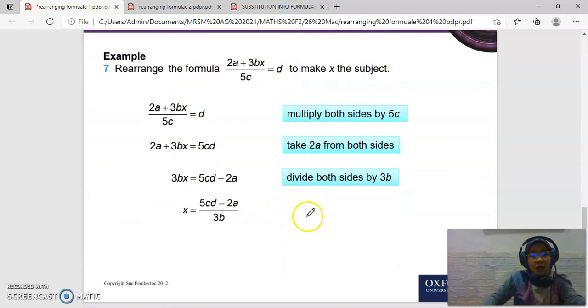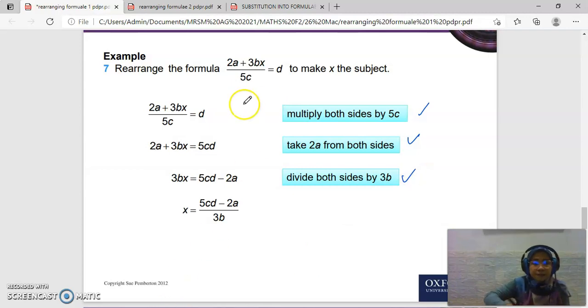Next we go to the next example. Rearrange the formula 3a plus 3bx over 5c equal to d to make x the subject. For this part, we multiply both sides by 5c. You can see the method given: we start with the denominator. This means we want to eliminate the denominator, so we multiply both sides by 5c.